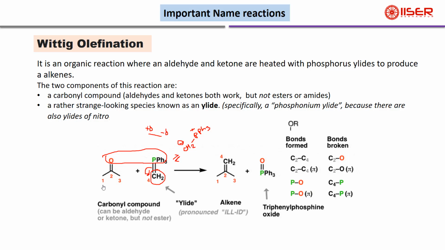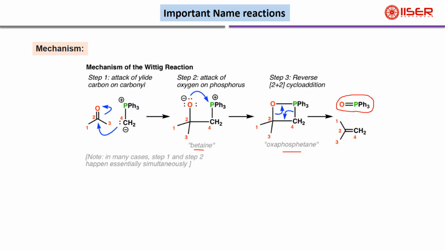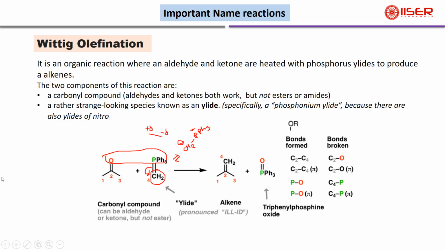In this case we use ylide and prepare olefin from ketone or aldehyde. It is an organic reaction where an aldehyde or ketone is heated with a phosphorus ylide to produce an alkene. Ylide means when there is a positive and negative charge adjacent to each other.